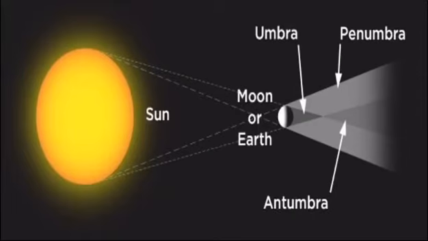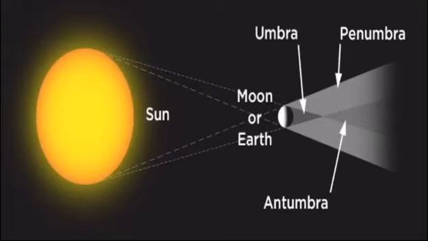The umbra is the portion of the moon's shadow where the moon completely covers the sun. Next comes the penumbra, the area of the shadow where only a portion of the moon is in front of the sun. And then comes the antumbra.